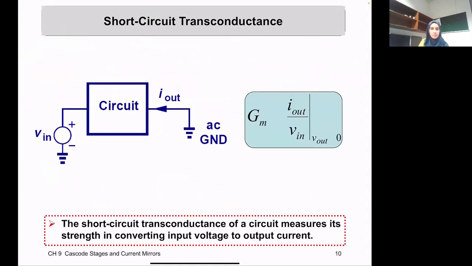So, the output, and for us, which is called the short circuit transconductance, capital GM, it tells us how good our circuit is at converting our input voltage into output current.